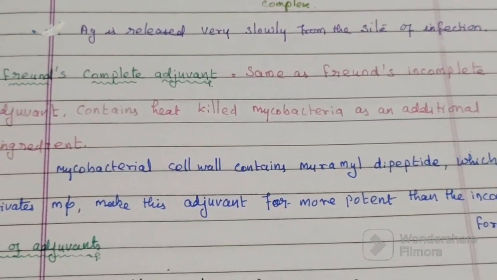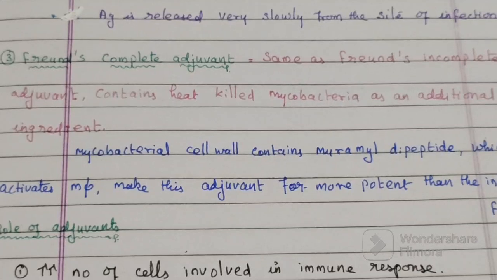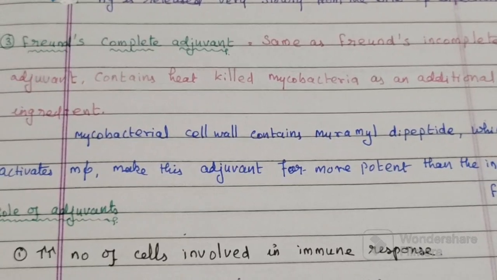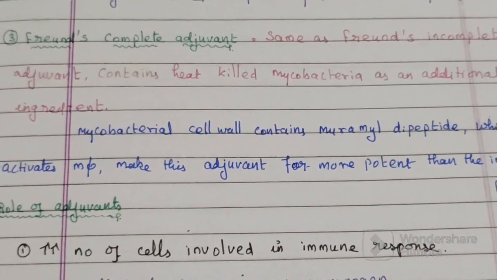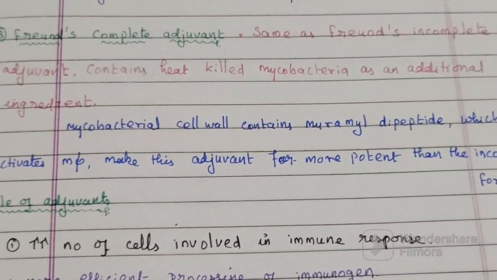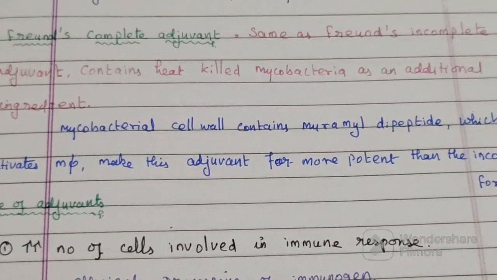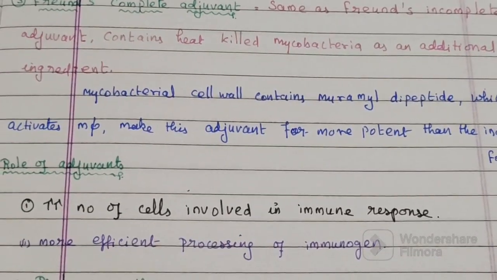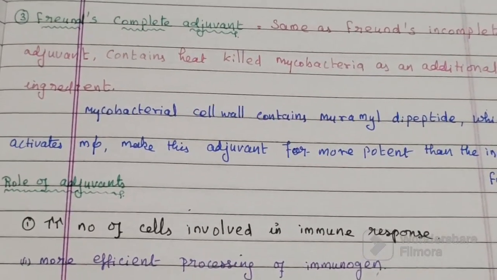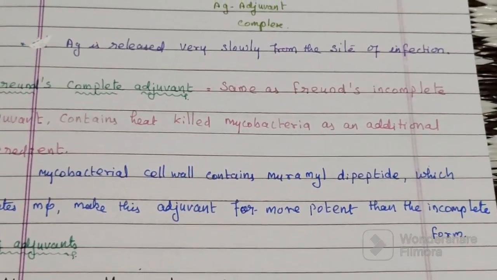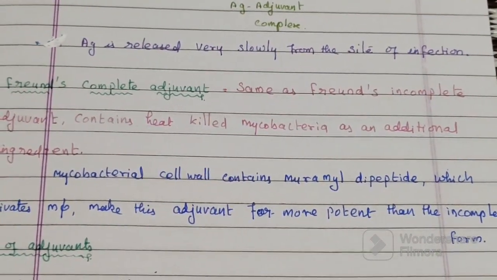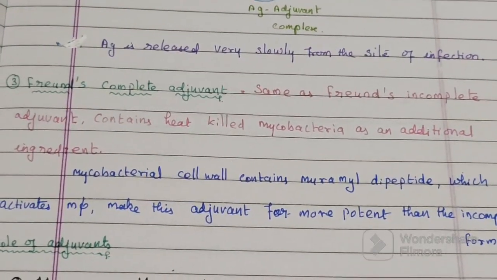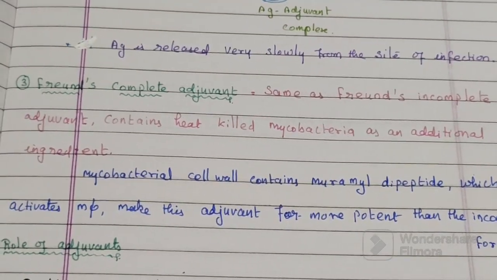That means Freund's complete adjuvant is more potent than Freund's incomplete adjuvant, because we use mycobacterium. We know that if macrophages are activated, the immune response happens more easily. So this is all about adjuvants.